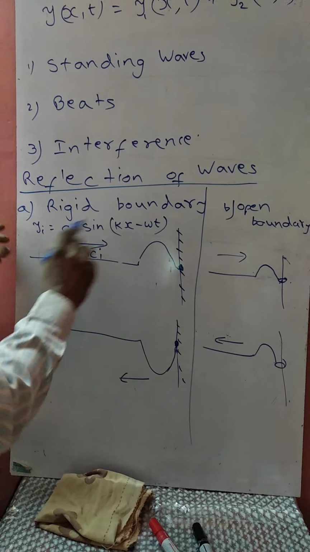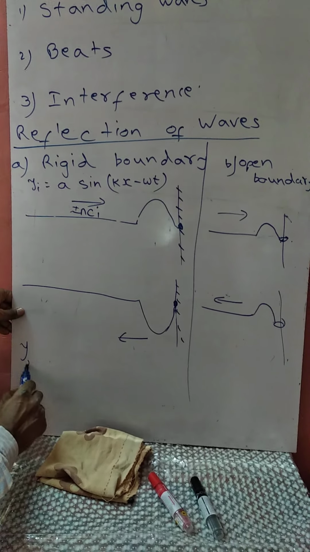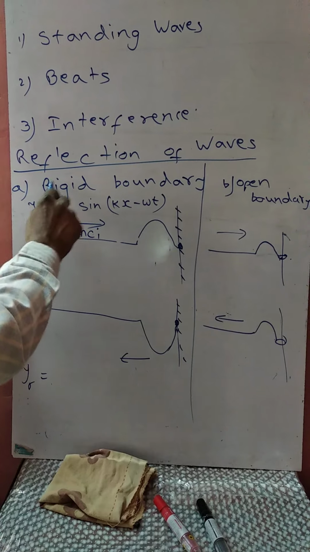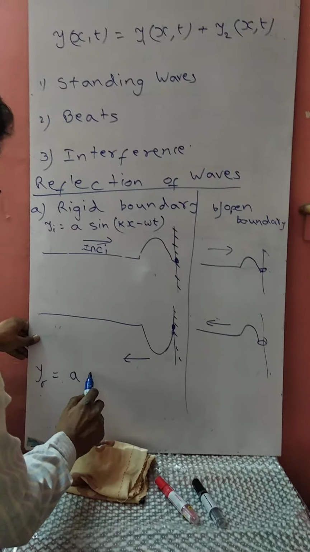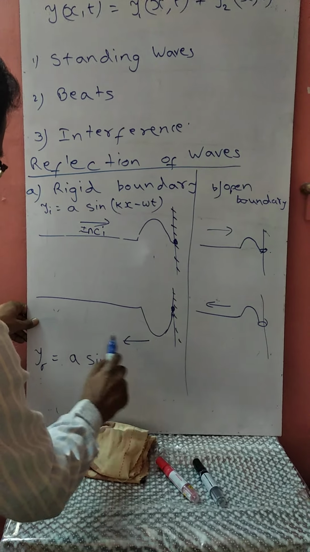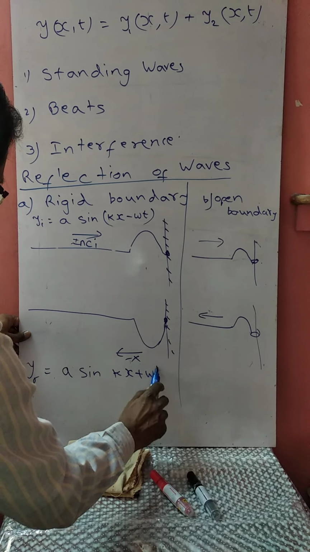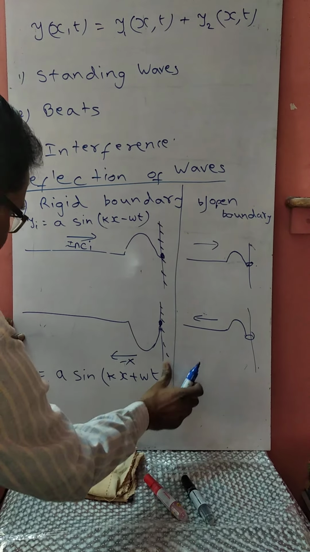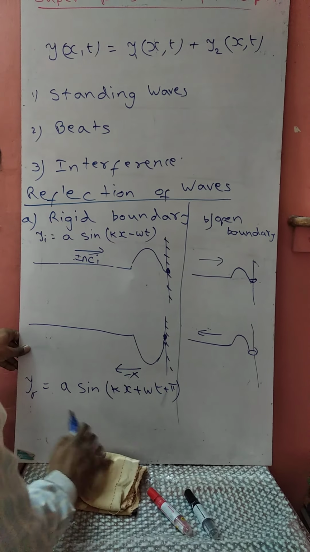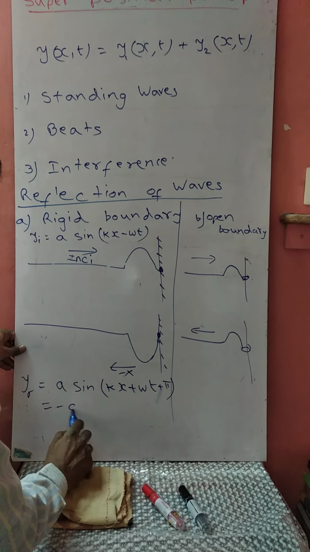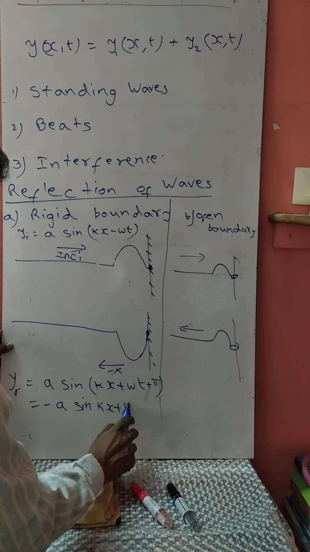Then for the reflection at the closed or rigid boundary, the equation becomes a sine(kx plus omega t), since it is traveling along the negative x direction, and also there is a 180 degrees phase difference, so plus pi. Once it is pi, it is the third quadrant, where sine is negative, so you can write this equation as minus a sine(kx plus omega t) as the reflected wave.